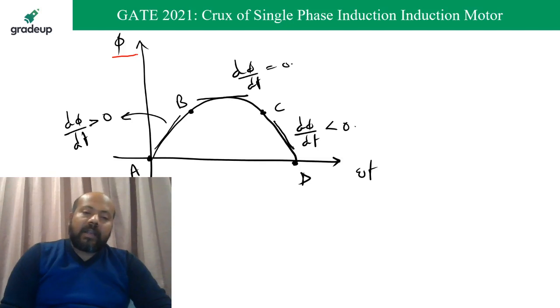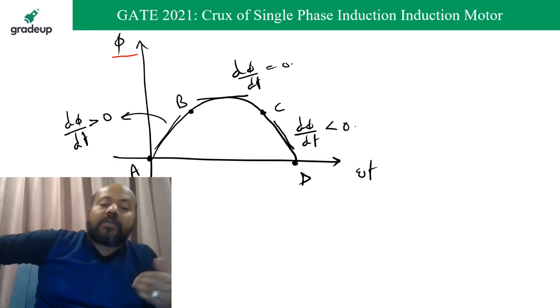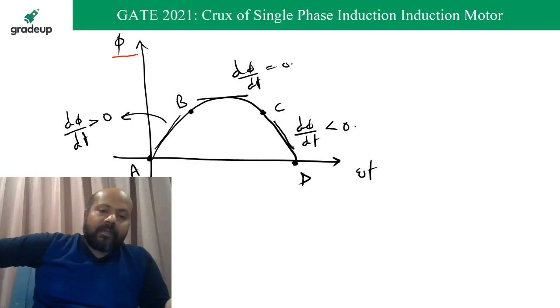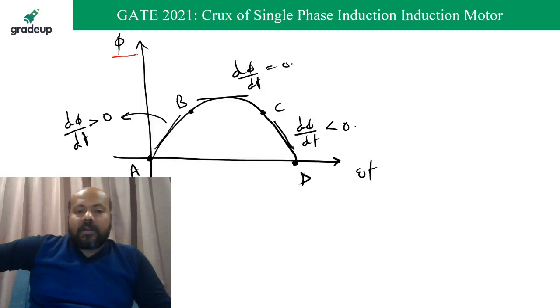In A to B, the rate of change of flux is more than 0, is positive. For B to C, the rate of change of flux is approximately 0 because flux is almost constant. And from C to D, the rate of change of flux is negative.